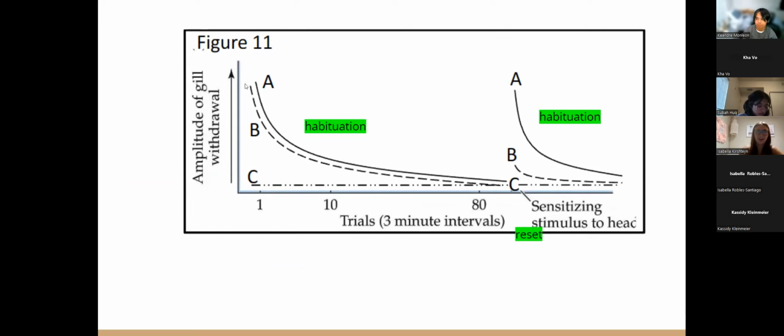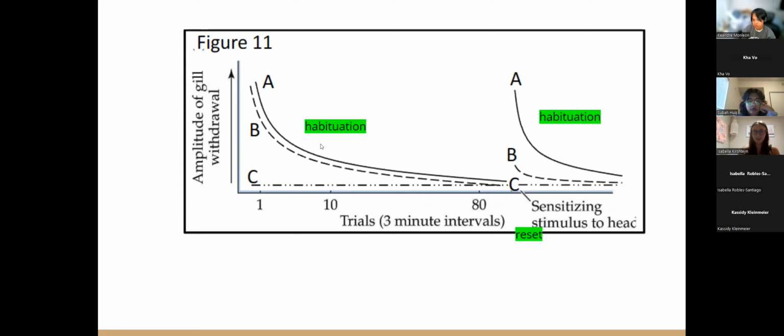That's what is shown here: habituation, where over time the withdrawal stops. Then a painful stimulus was introduced, which caused a reset, the sensitization process, which reset the withdrawal. But over time, habituation happens again and it happens faster. So the withdrawal will decrease again.